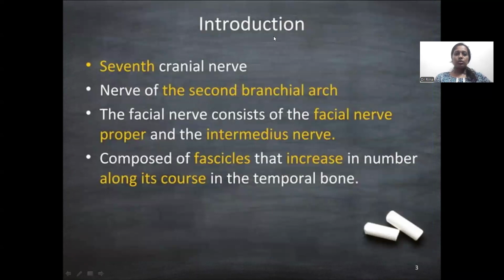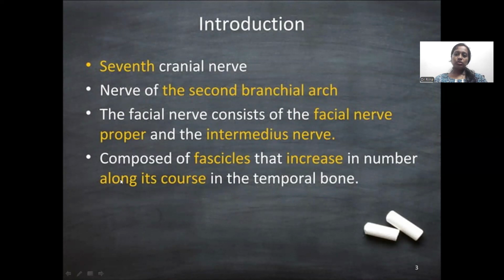As we all know, this is the facial nerve. The facial nerve is the seventh cranial nerve. There are actually 12 cranial nerves, and this is the seventh. It is the nerve of the second branchial arch. The facial nerve has the facial nerve proper and the intermediate nerve.